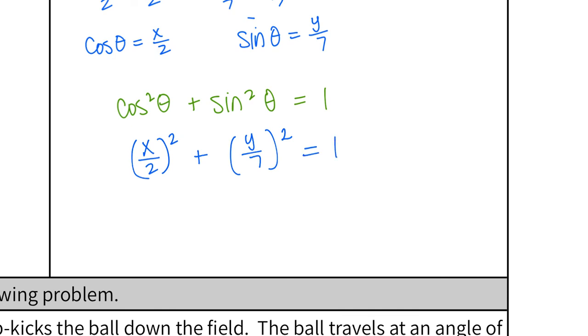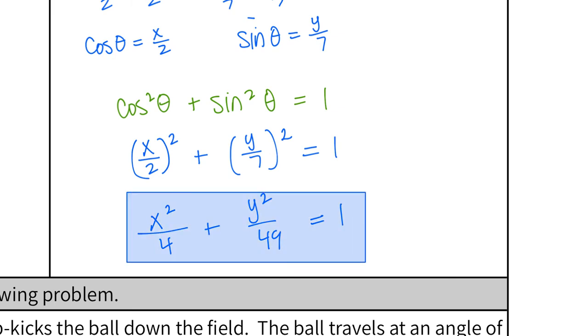So all that's left is to simplify as much as you can. X squared over 4, so I squared the numerator and the denominator. And in here, y squared over 49, again, just square the numerator and denominator, equals 1. And that's it. This is an ellipse.